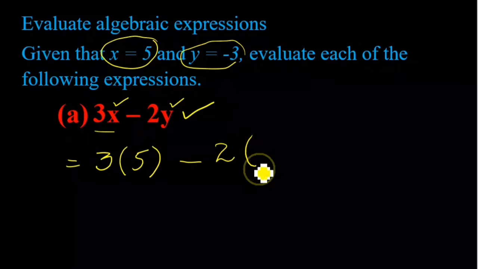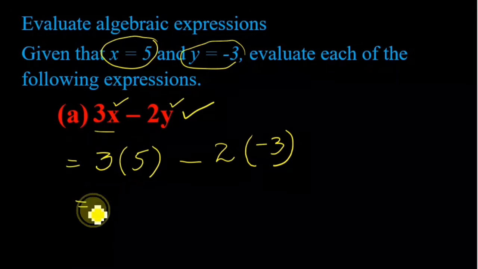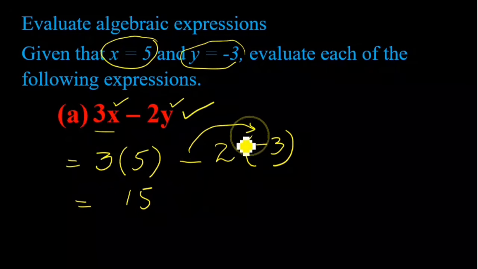So the value of y is minus 3, so we replace y with minus 3. 3 into 5 means 5 threes are 15, and now minus 2 into minus 3. While doing the chapter on integers, you know that minus multiplied by minus becomes positive.